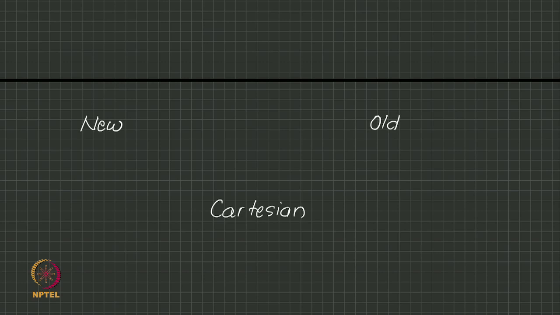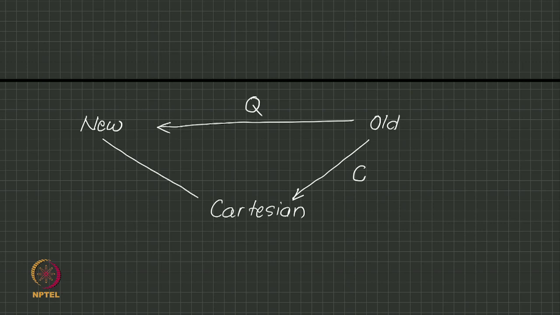Okay, let us do it this way. From old to new, we went by a matrix Q. From old to Cartesian, we went by a matrix C. We can also go from new to Cartesian, which will be another matrix C. So, let us call this C old and this C new.